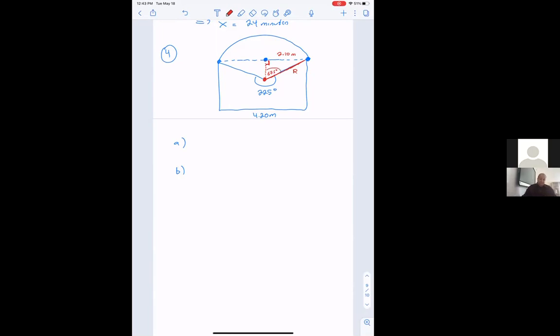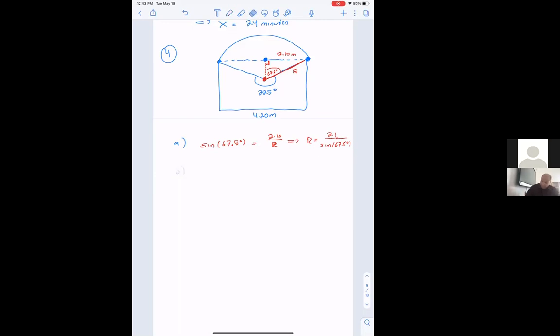Now I have that angle and the opposite, and I want the hypotenuse, so that's sine. Sine of 67.5 degrees equals opposite, which is 2.10, over R. Therefore, R equals 2.1 over sine of 67.5 degrees.